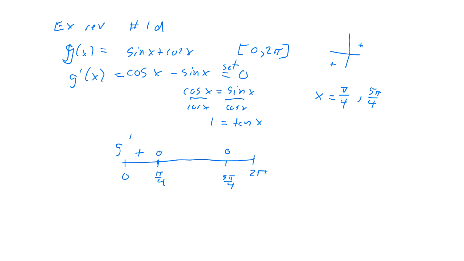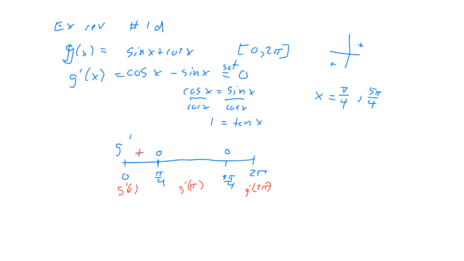So g prime is positive on the first interval. A number you could pick in that second interval might be pi sitting here in the middle, and we'll pick 2 pi over here. And let me just emphasize, we're plugging each of those into g prime. So I'm taking g prime of 0, g prime of pi, and g prime of 2 pi.